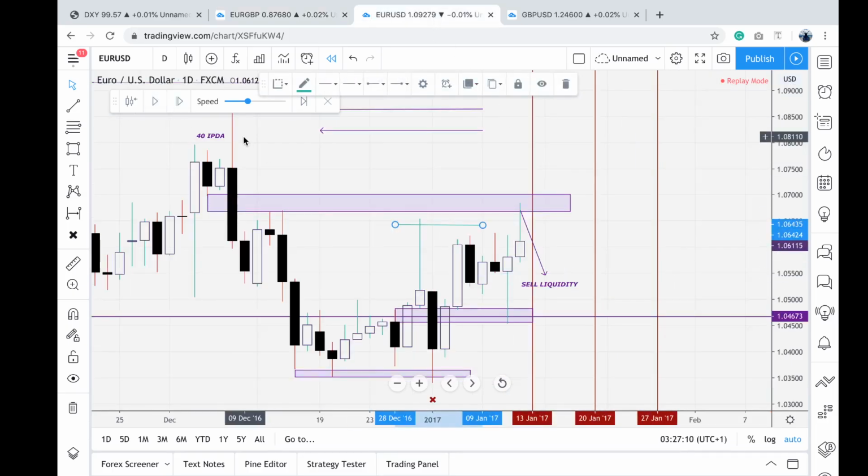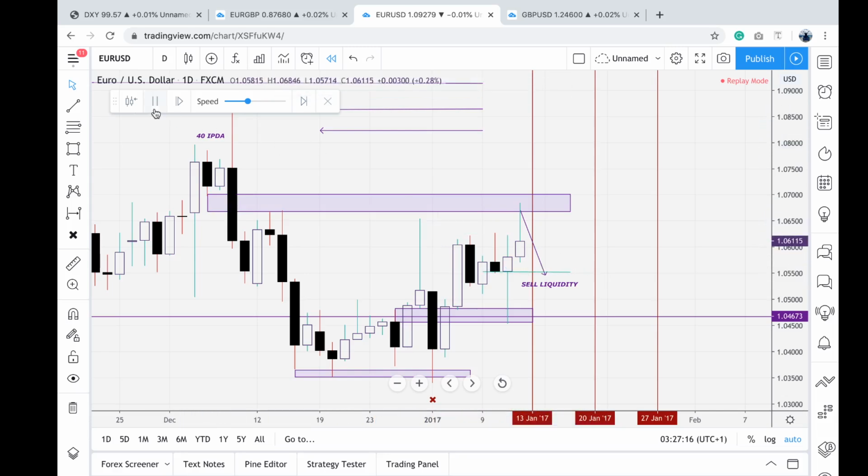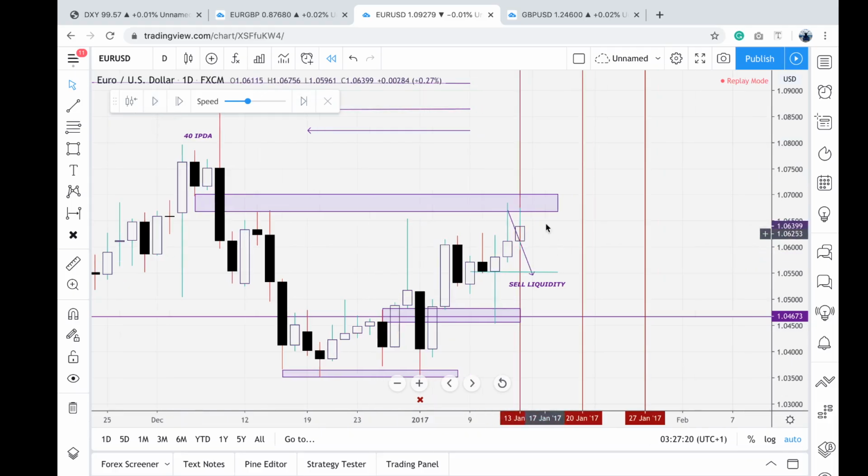Euro dollar, we're looking for retracement to the downside, to sell side liquidity. Okay, so no real change in price. Price didn't really trade higher or trade lower. So this will be a very small range day. This is why I said we don't trade on Fridays oftentimes, as that would be where the weekly range profile would be fulfilling.